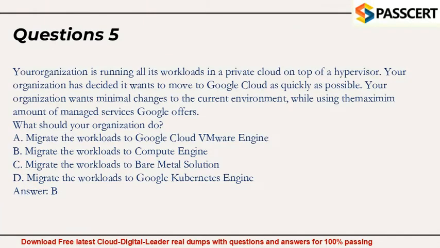What should your organization do? A. Migrate the workloads to Google Cloud VMware Engine. B. Migrate the workloads to Compute Engine. C. Migrate the workloads to Bare Metal Solution. D. Migrate the workloads to Google Kubernetes Engine. Answer: B.